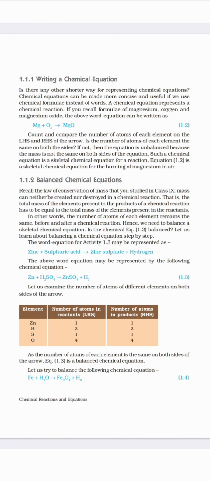How can we balance that? Can you guess anything? Okay, let me tell you. Look, Fe on the LHS is 1. If we multiply it by 3, then it can become 3 Fe.